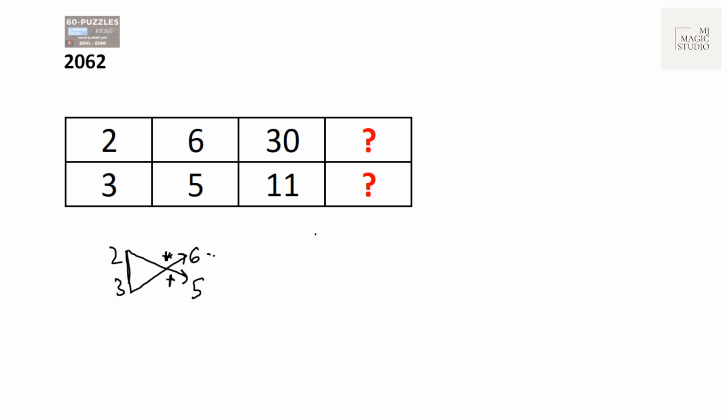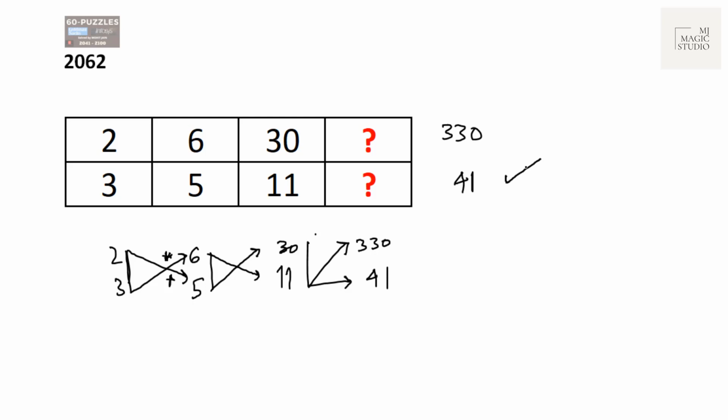So again, if I follow addition, 6 plus 5 is 11, bingo, that is what we are getting, and 6 into 5 is 30. So again, addition will go here, 30 plus 11 is 41, and multiplication should be 30 into 11 is 330. So answer should be 330 and 41. Yup. Let's take the next one.